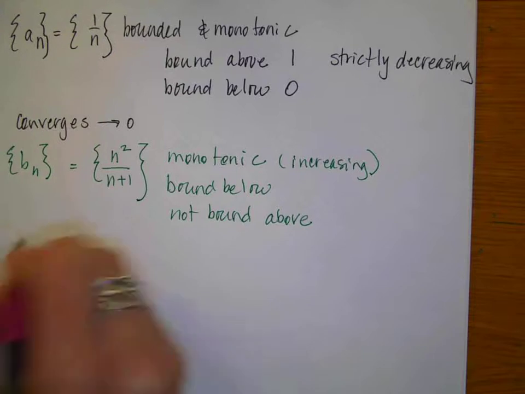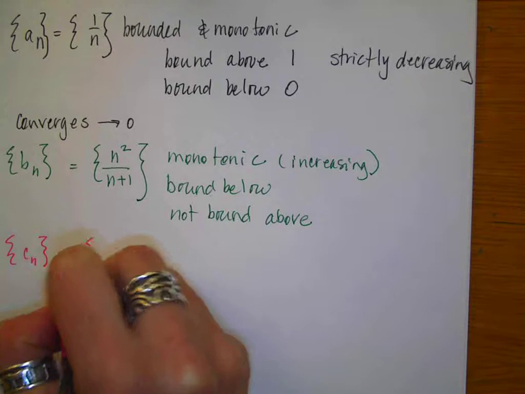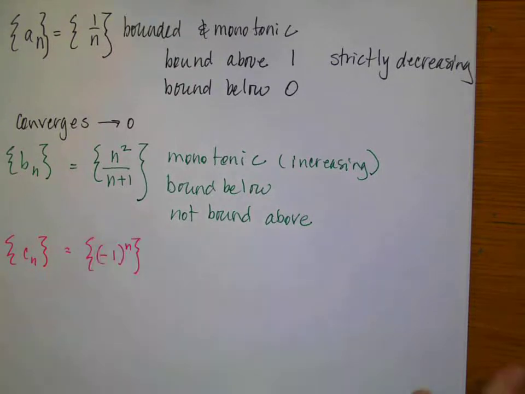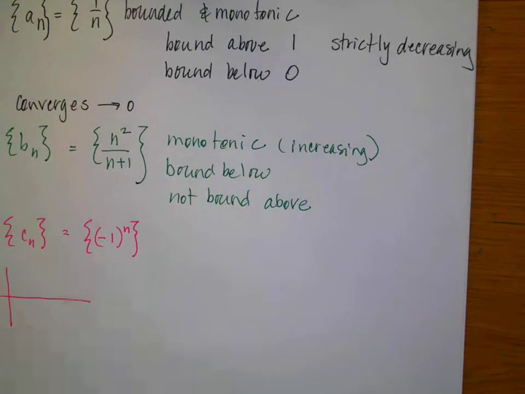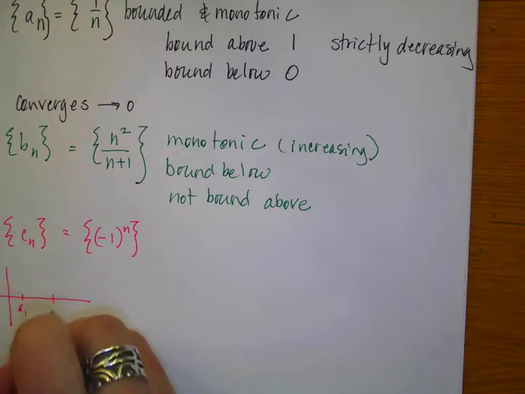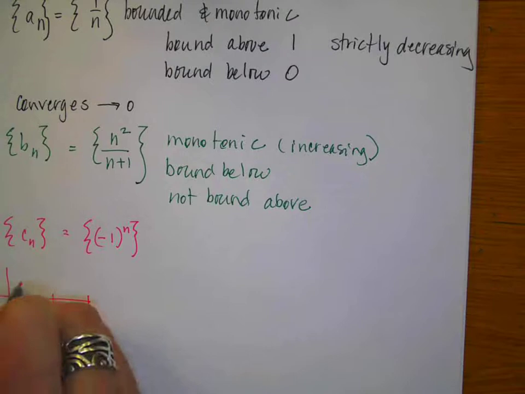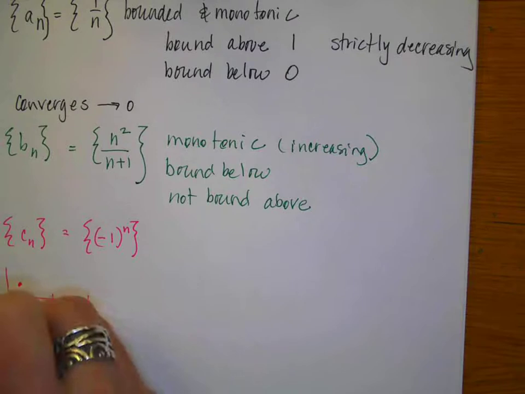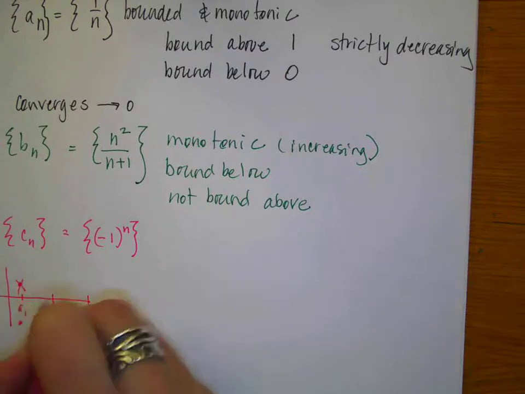Okay, and then I have one last example before we start doing some classwork. And this particular sequence is going to be a sub n equals -1 raised to the n. Well, if you'll notice, if I have a sub 1, a sub 2, a sub 3, the first one might be here, the second one would be here.